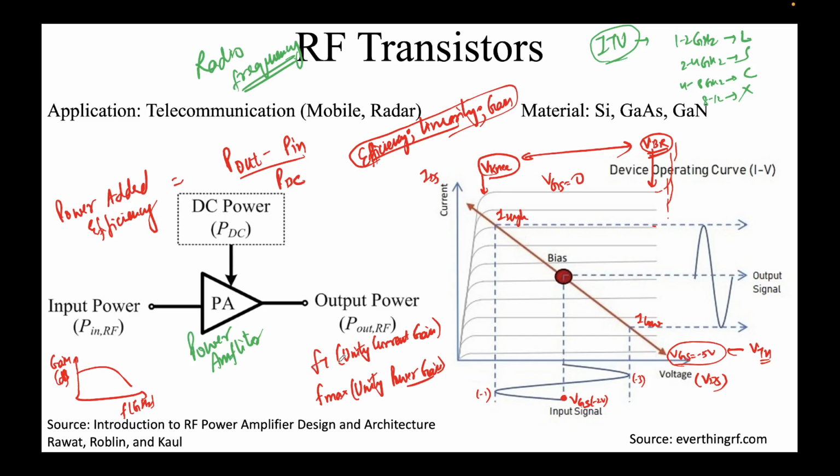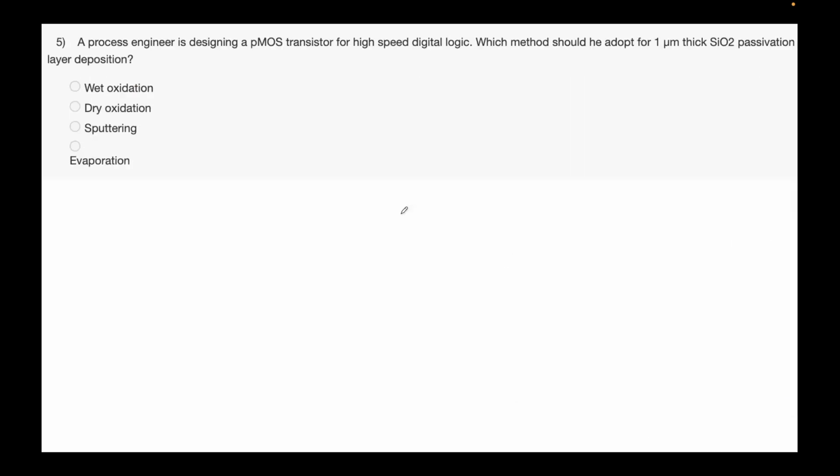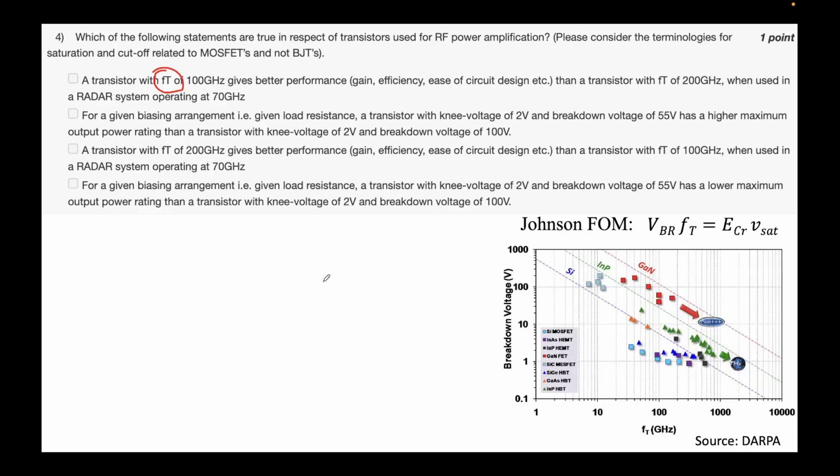Essentially, FT is, please recall that, where do I have space? Okay, I'll draw it here. So what we have essentially is gate, source and drain, and these are the electrons that are there. This is the gate length, right? An electron has to traverse from one side to the other.